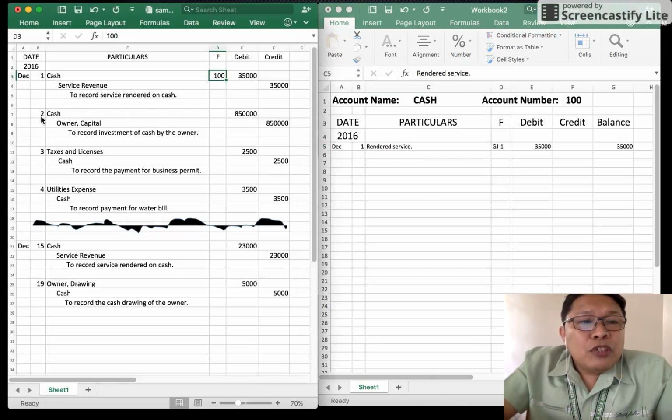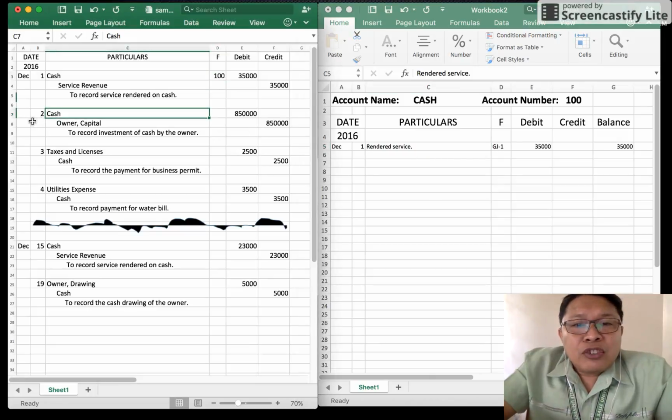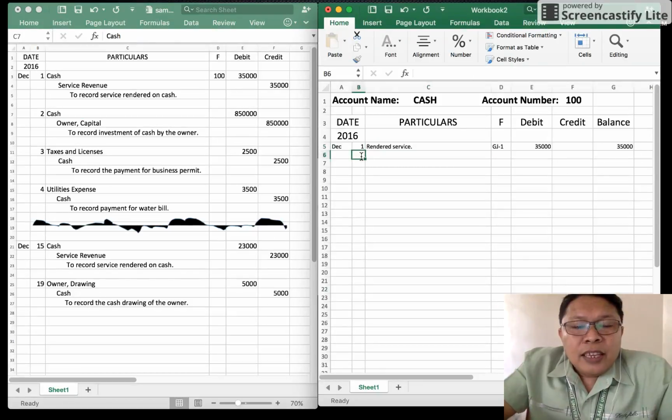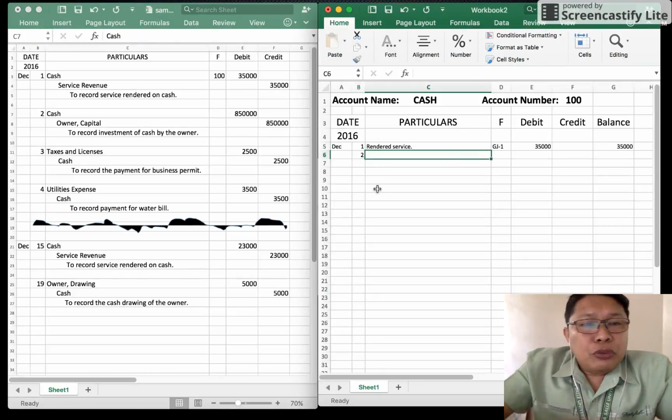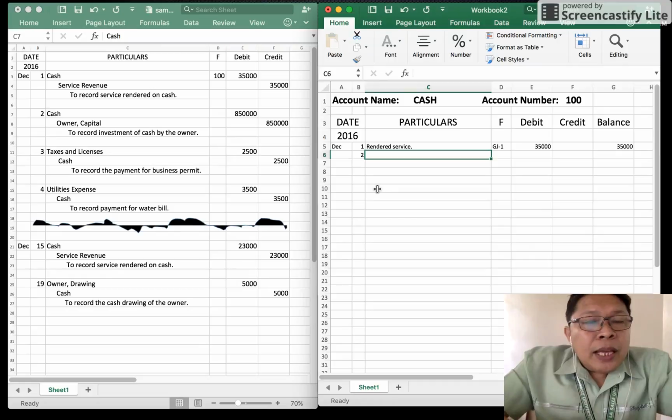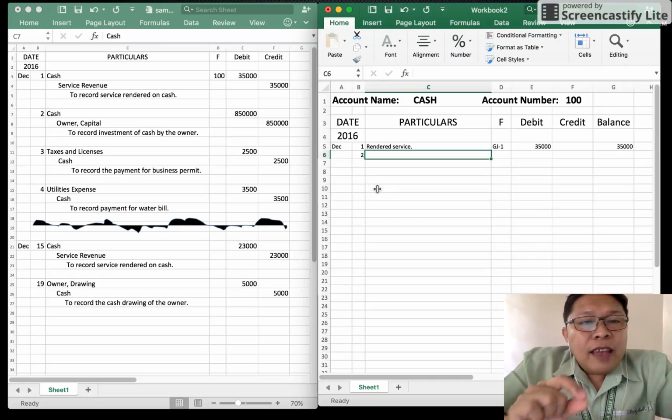Now let's proceed to the second appearance of your cash. Your second appearance of cash happens on December 2. So you have to write in your ledger December 2. There is a debit of 850,000 cash because the owner invested cash.